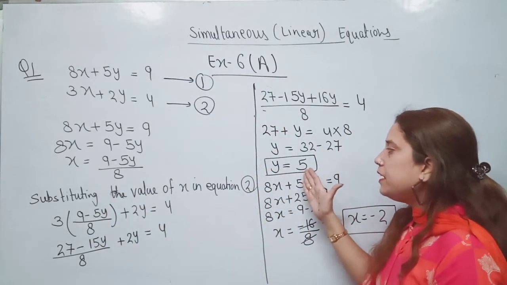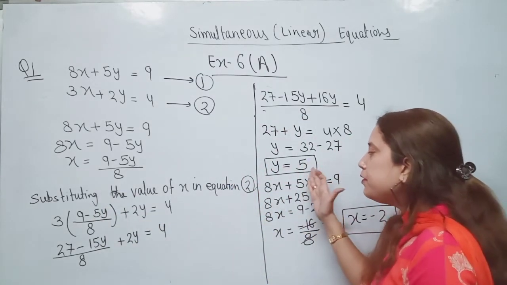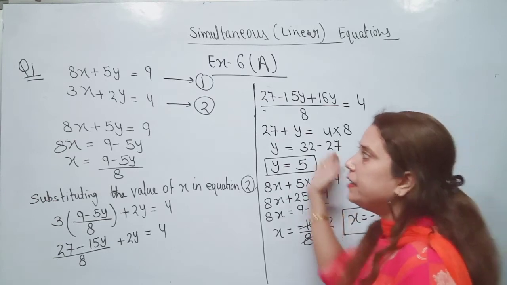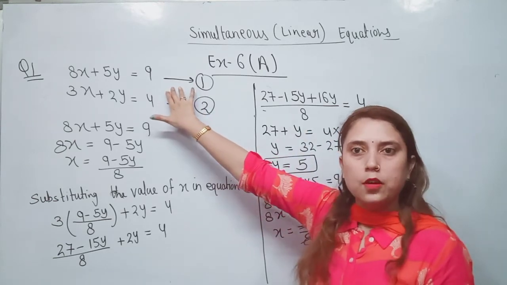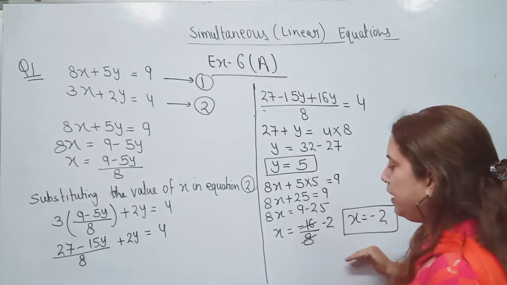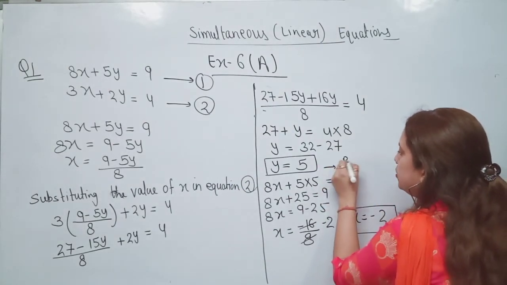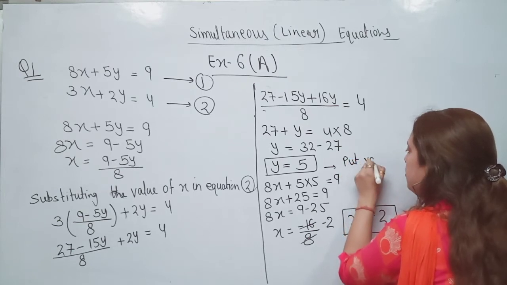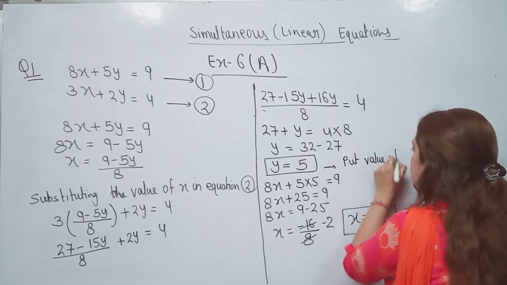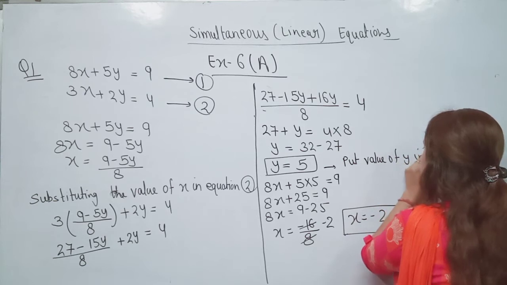After finding the value of y, again we will put the value of y in equation first, and then we will get the value of x. Here you can write, put value of y in equation first.